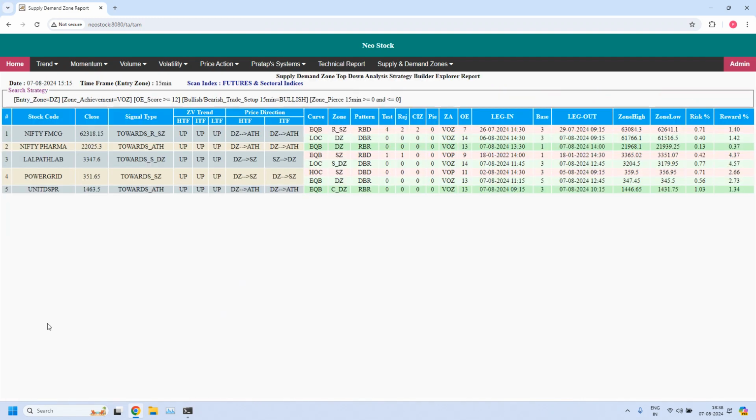Now let us filter. So 5 stocks are filtered, and these 5 stocks are supporting the bullish trade setup for daily income trade. Okay, now let us verify how many of these stocks have confluence with the ITF time frame. For 15 minutes, ITF is 75 minutes.